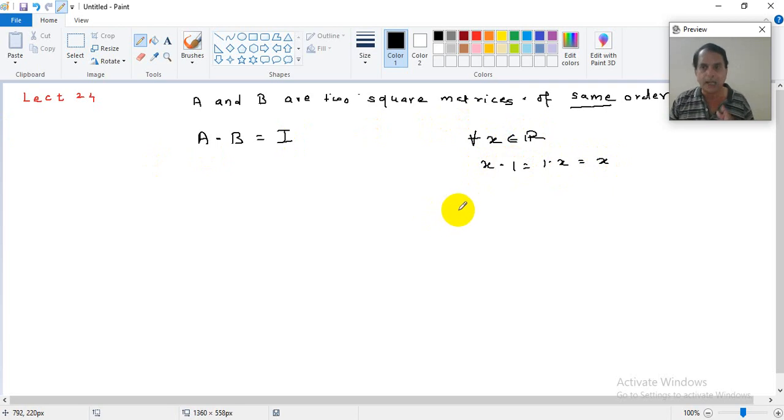So when you multiply x and 1, product is again x. म्हणून आपण काय म्हणतो, 1 is multiplicative identity. In case of real numbers, x plus 0 is x. म्हणजे 0 ही ॲडिटिव्ह आयडेंटिटी आहे, 1 ही मल्टिप्लिकेटिव्ह आयडेंटिटी आहे.